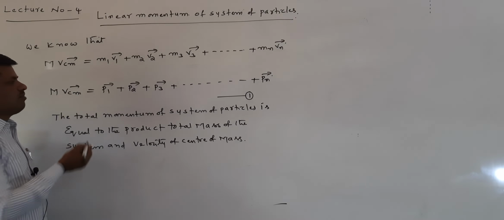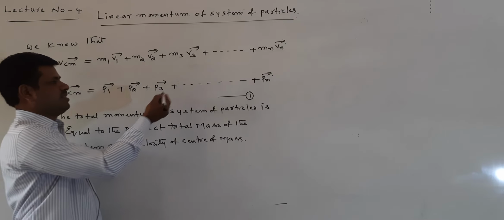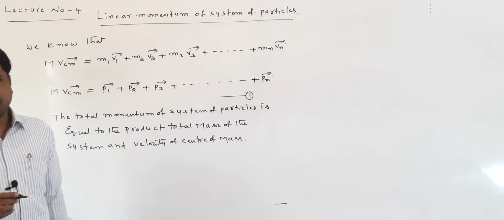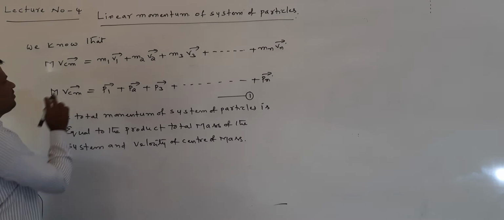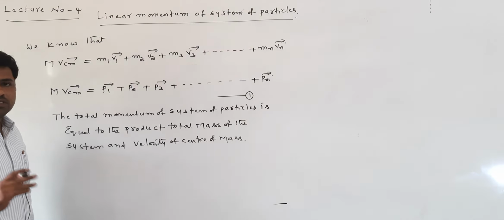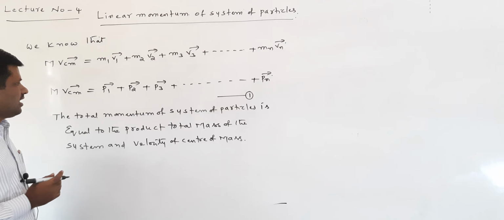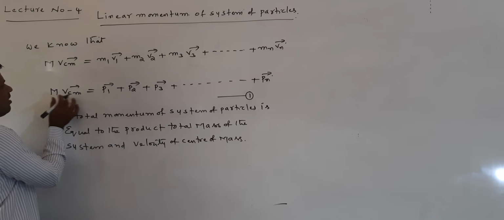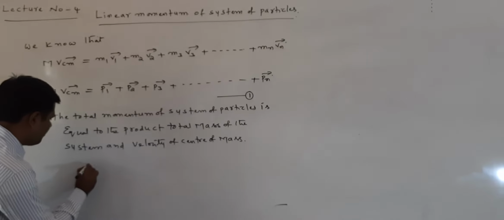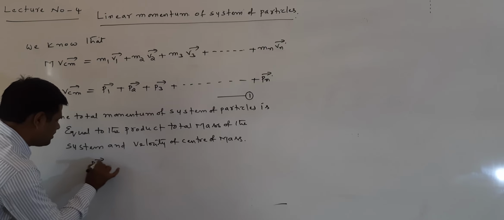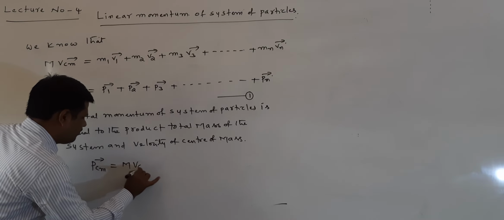Now M into VCM bar is equal to P1 bar plus P2 bar plus P3 bar so on plus Pn bar. This M into VCM bar, total mass and velocity of center of mass, is the momentum of center of mass. So PCM bar is equal to M into VCM bar.